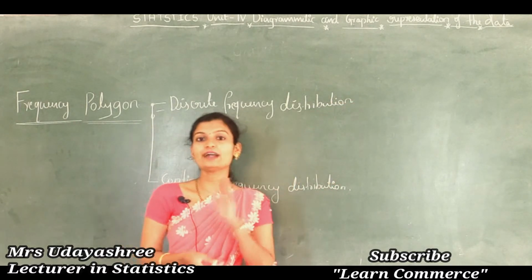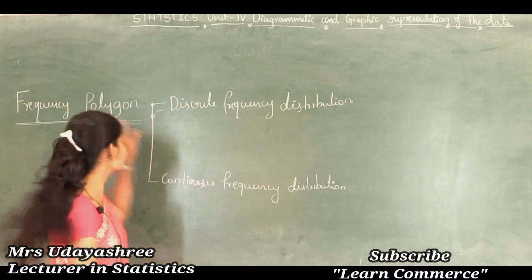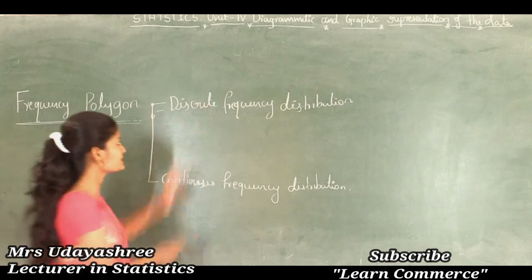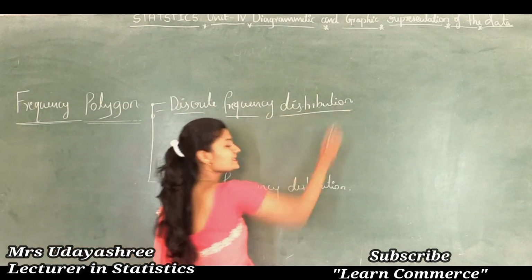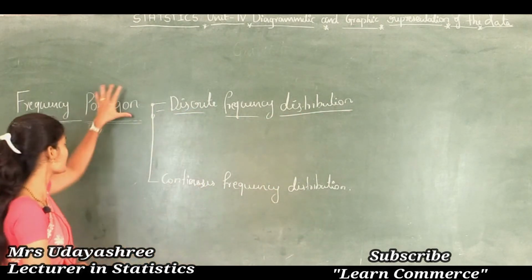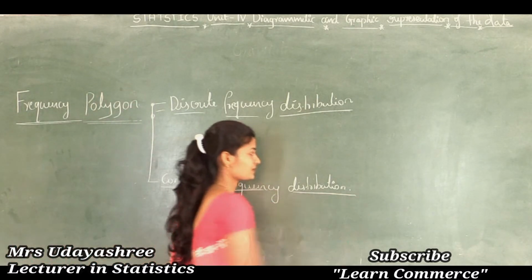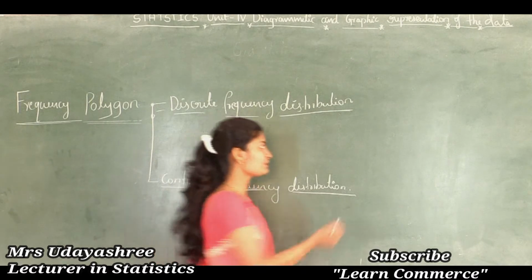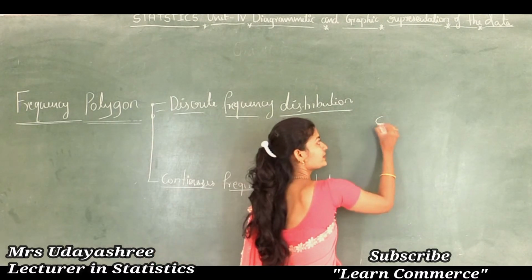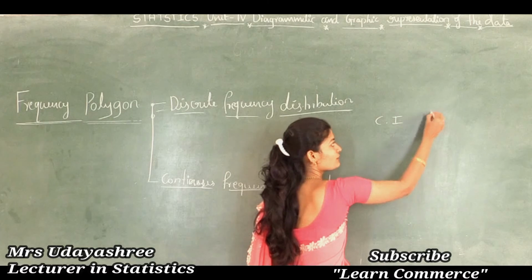We had already discussed how to construct frequency polygon in case of discrete frequency distribution. In this class we are going to discuss how to construct frequency polygon in case of continuous frequency distribution. See, for example, continuous frequency distribution is like this. So here it is class interval along with frequency.